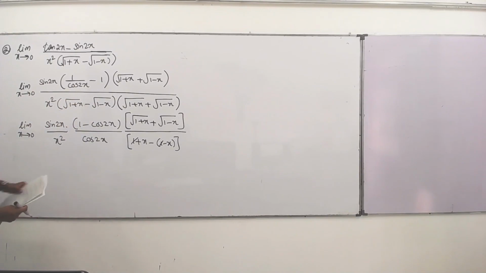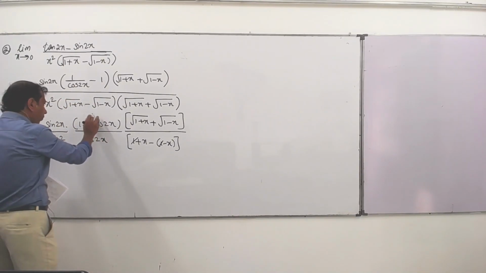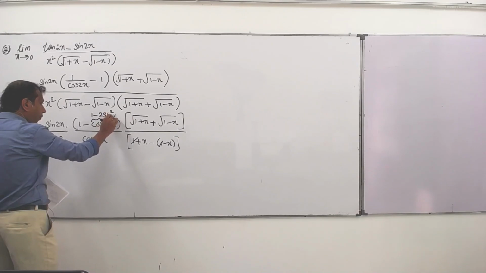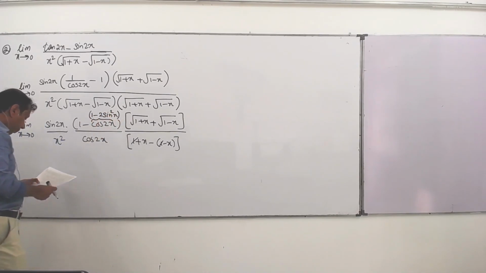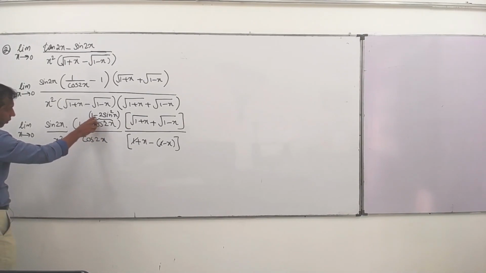Right. Now this cos 2x I can write as 1 minus 2 sin squared x. Then we can simplify. When you write this cos 2x as 1 minus 2 sin squared x, by removing this minus sign, this 1 and this we can cancel out.